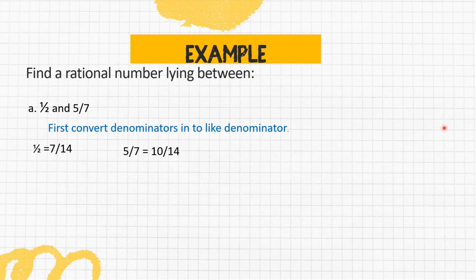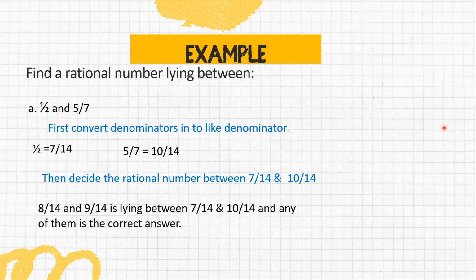So we can easily decide that the rational numbers between 7 over 14 and 10 over 14 are 8 over 14 and 9 over 14. And any of them is a correct answer.